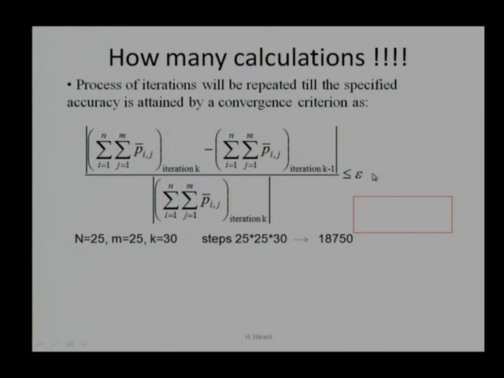We are taking only the absolute value, since sometimes negative values also come if we go ahead with some sort of cavitation where negative pressure is generated, or pressure below atmospheric pressure is generated. So, overall this percentage should be lesser than some epsilon value. It can be 0.01, 0.001, 0.0001, depending on the requirement.